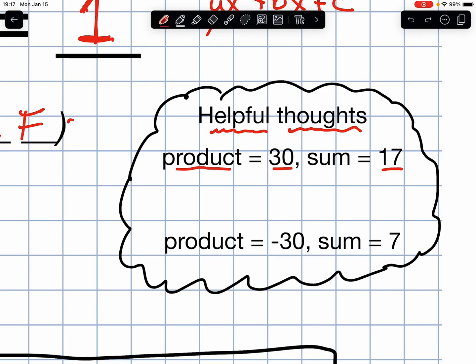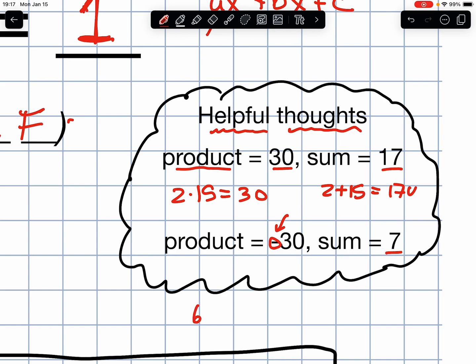All right, but 2 times 15 is 30, and 2 plus 15 is 17. Yay, we found them. So now what about a product of negative 30, whose sum is 7? This time we've got to pay attention to that negative. So one of the two multipliers is negative.